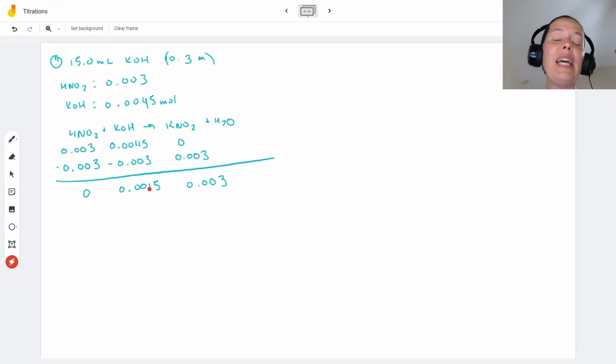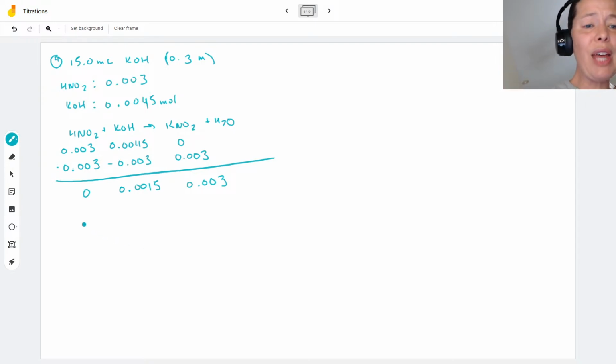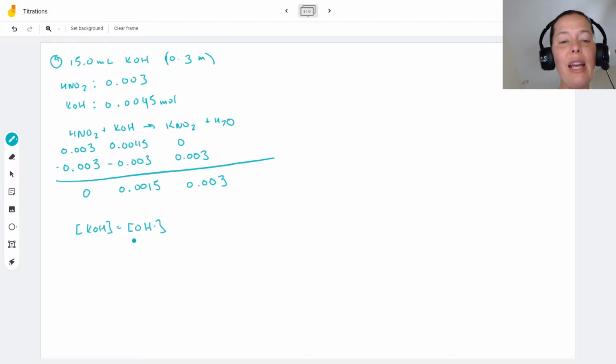All we have is a strong base in solution. So remember that our concentration of potassium hydroxide, because it is a strong base, is equal to our concentration of hydroxide. And we can calculate this concentration of hydroxide because we know how many moles of potassium hydroxide we have.